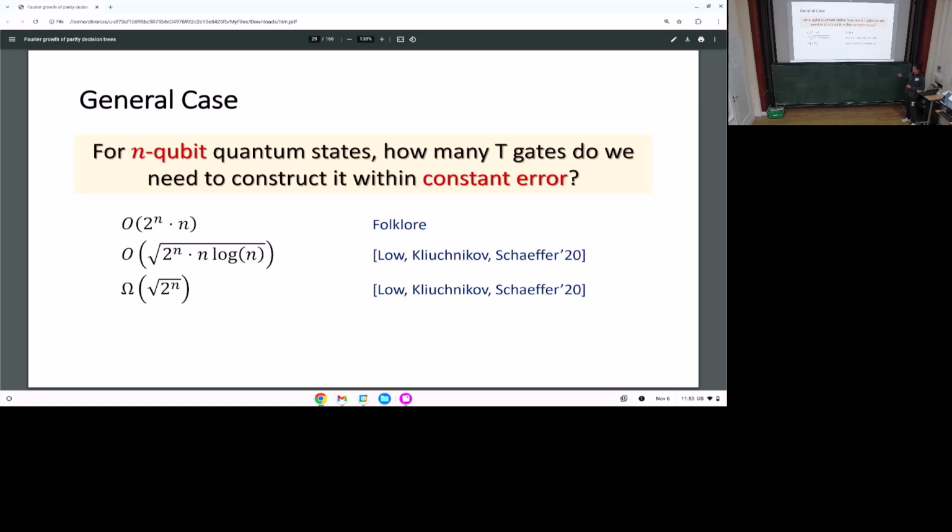And they also provide a lower bound that matches this square root behavior up to polynomials. Okay. And what's our result? We shave those polynomials. So the major term is still going to be square root of 2 to the n, but we don't have the extra n or log n there. And this is tight because of their lower bound.